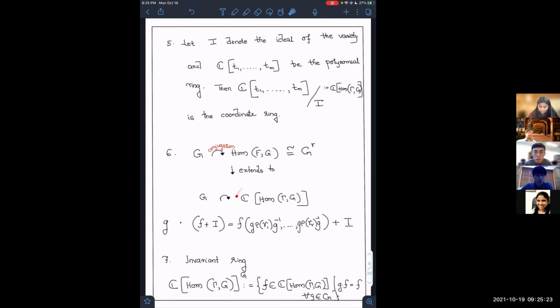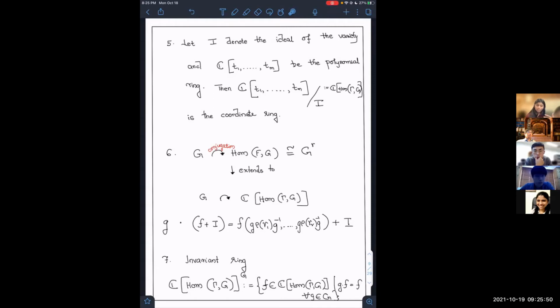Every element in the coordinate ring is of the form some polynomial plus the ideal that we are quotienting out with. So this action we can define by replacing each of the variables with a conjugate by G. So this action extends to the coaction on the coordinate ring.